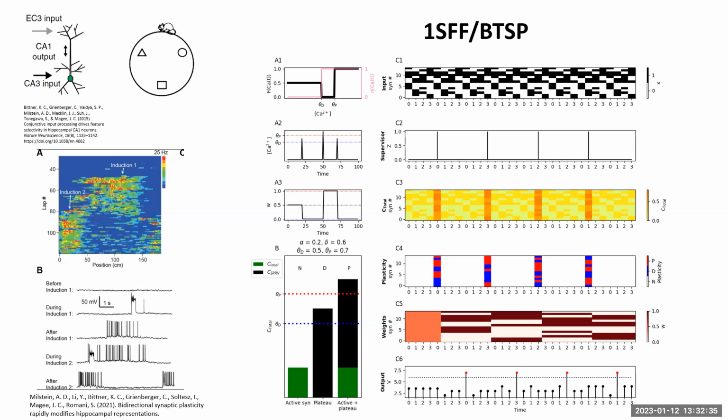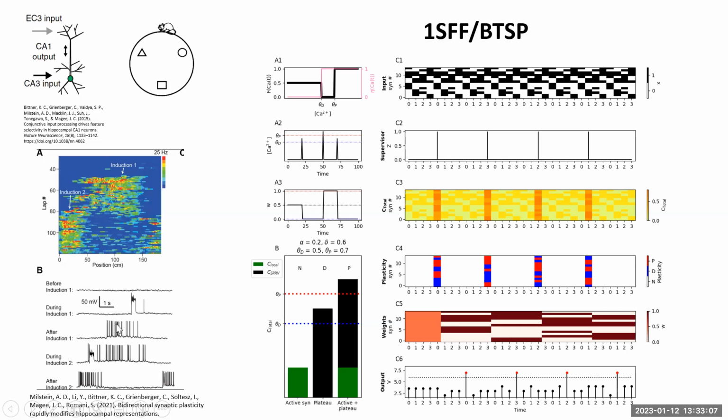And if you have another supervisory signal when the mouse is at a different location on the track, you can create a place field at a different location. That's a second induction. And this is the voltage that we see experimentally. Initially you just have baseline activity, then you see the plateau potential and you create a place field, then you create another induction, another supervisory signal, and now you create a new place field around where that induction was.